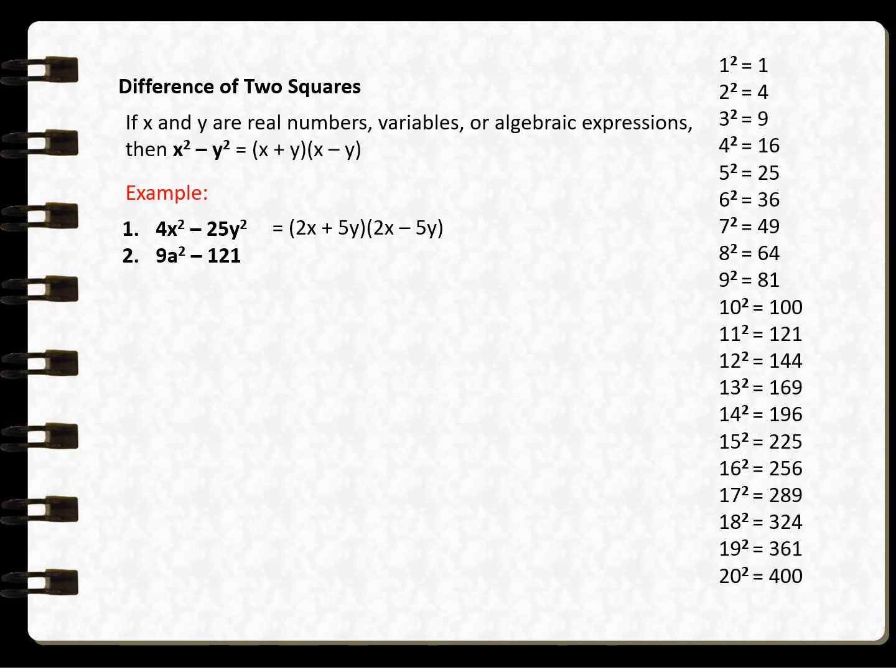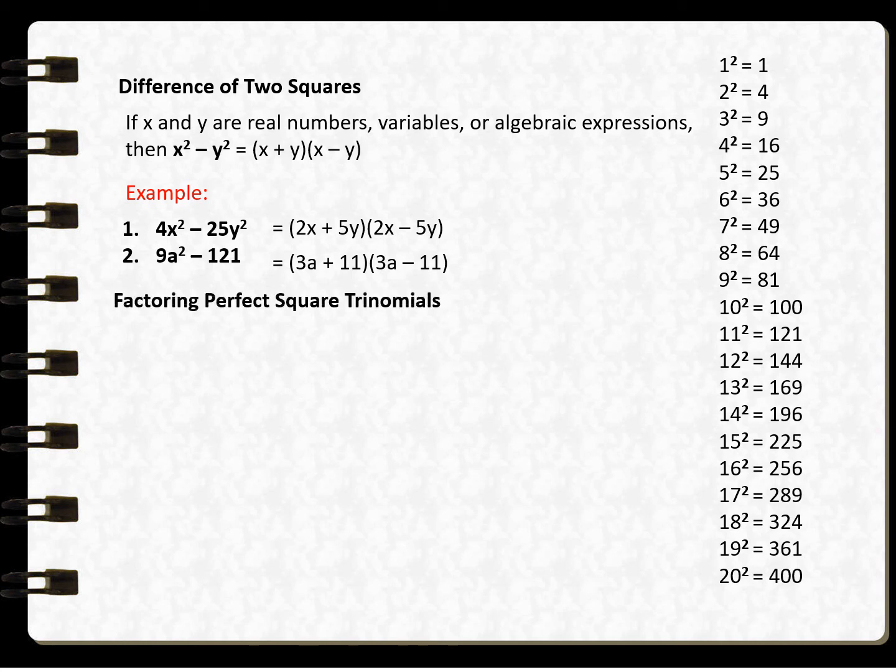So, let's copy lang na 2x plus 5y, and then kabaliktara naman yung sign ng isa, 2x minus 5y. Yan din sa number 2. Square root of 9 is 3, and the square root of 121 is 11. So, copy natin yung 3a, and then minus 11, or plus 11, and then 3a minus 11. So, that is the difference of two squares.